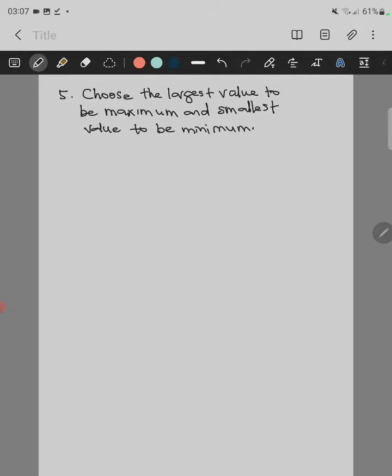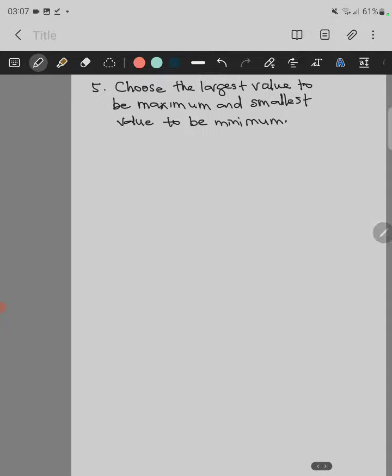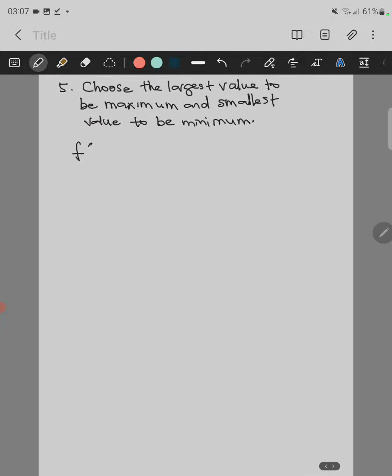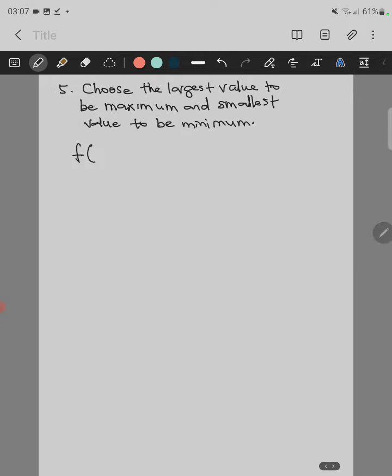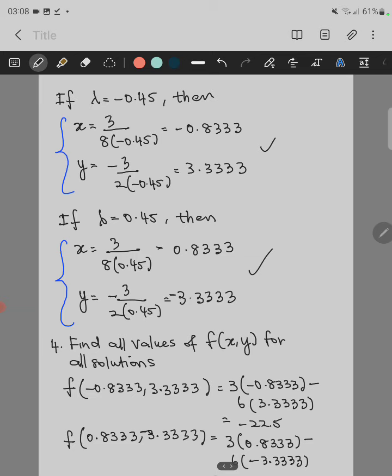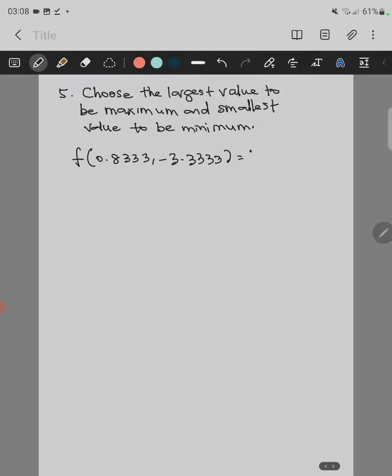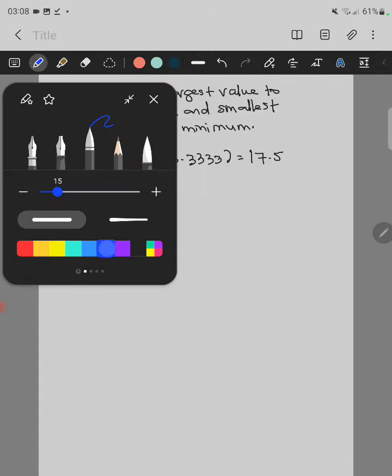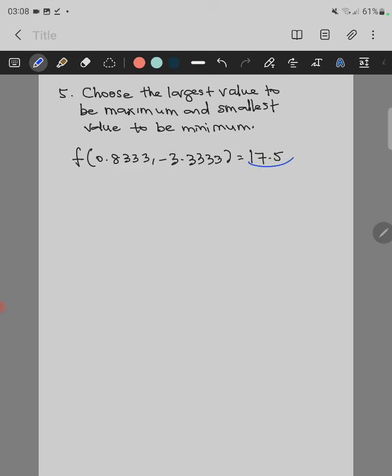From step number 4, this value, f of 0.8333 and minus 3.3333, is equal to 17.5. This value will be the maximum value of our function.